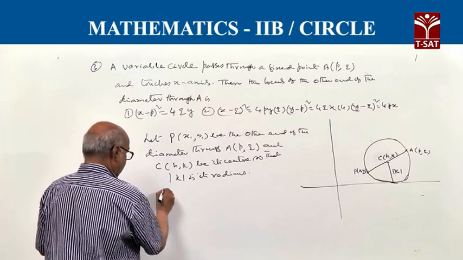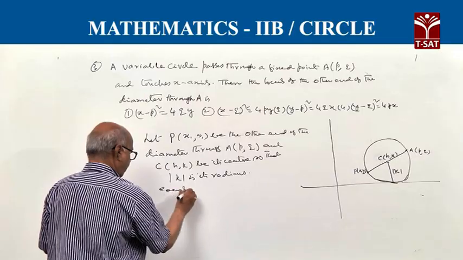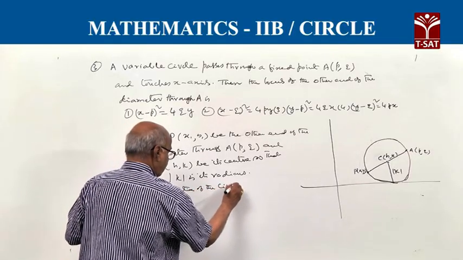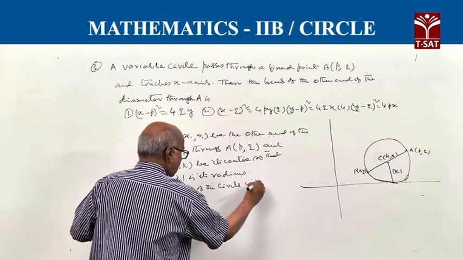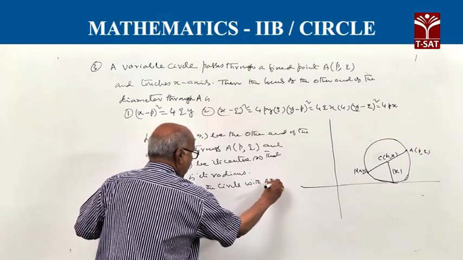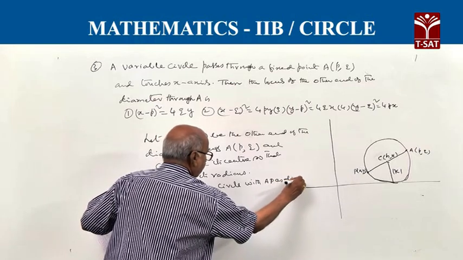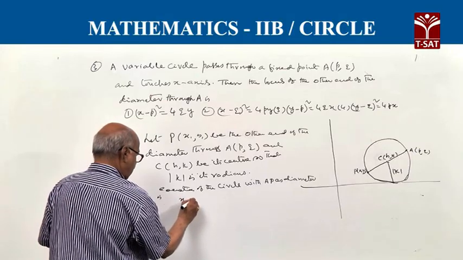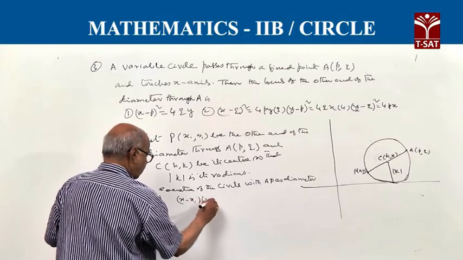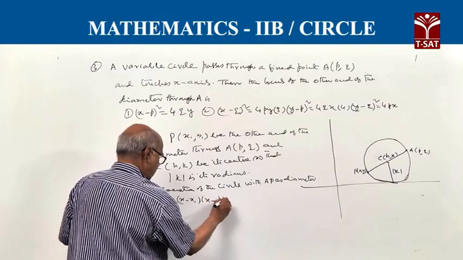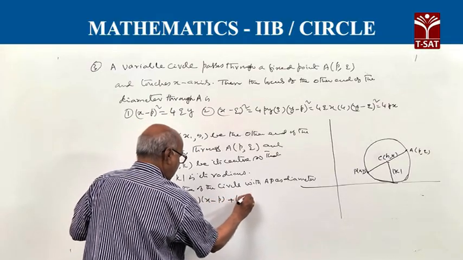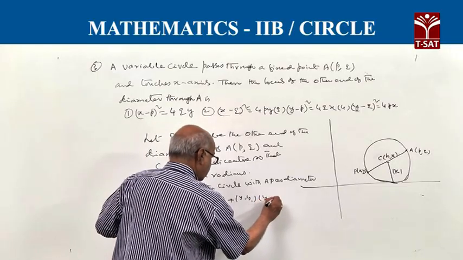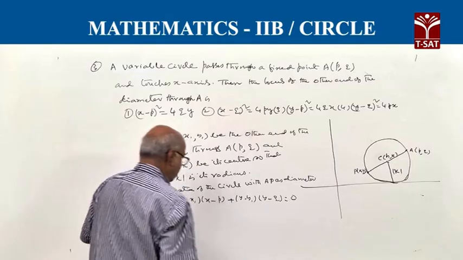Now, you know that the equation of the circle with AP as diameter is (x minus x1)(x minus p) plus (y minus y1)(y minus q) is equal to 0.